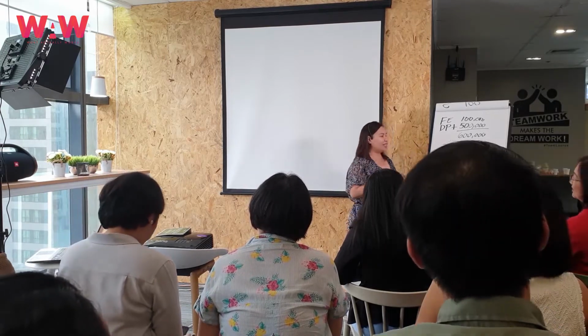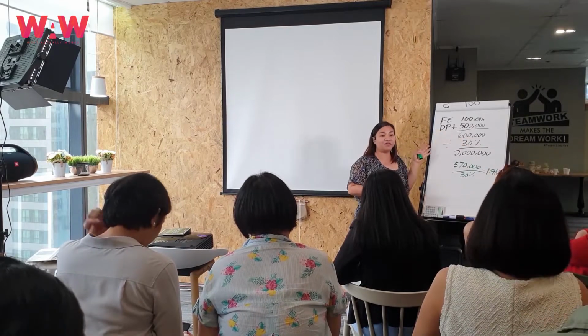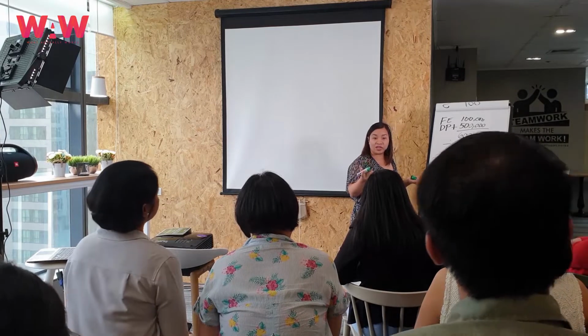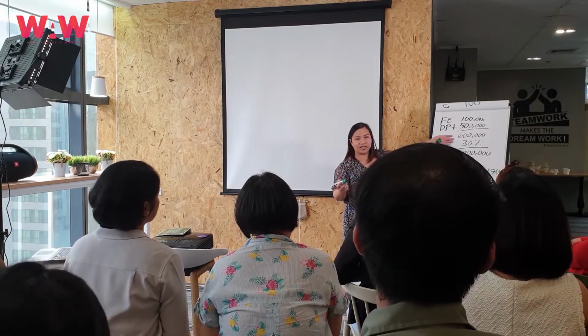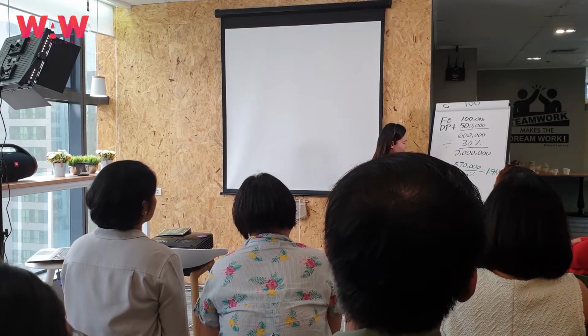So for example, you lowered the cost. Okay? So now, this 30%, let's say for example, you were able to save 20%. So that's, this 30% now became 50. Okay? So let's take a look at the effect.